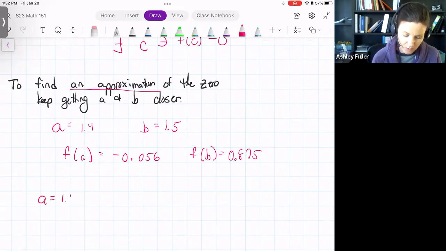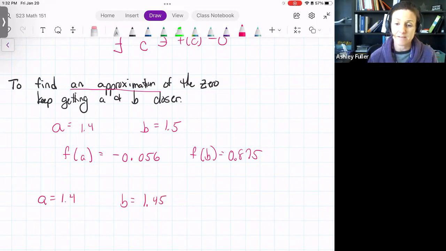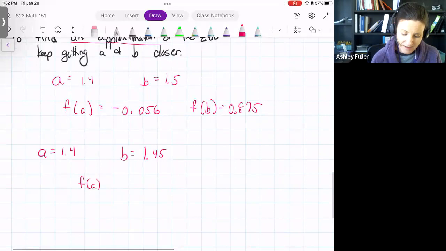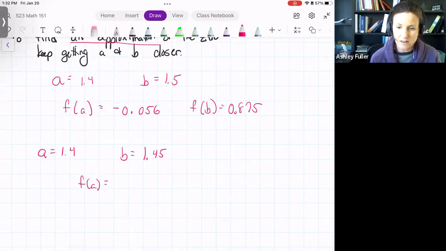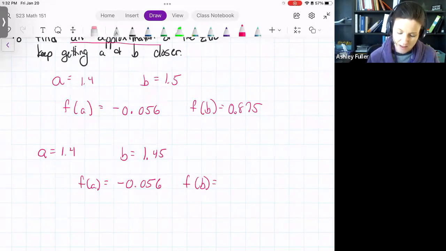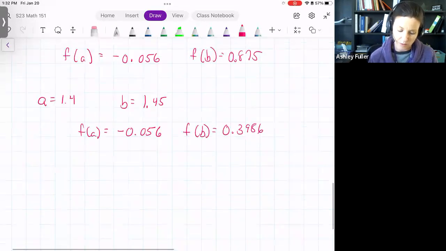Let's make a 1.4 and let's make b 1.45. F of a is going to come out to be negative 0.056, as we already calculated. And now we can calculate f of b at 1.45, which comes out to be 0.3986. So we still have one negative and one positive.